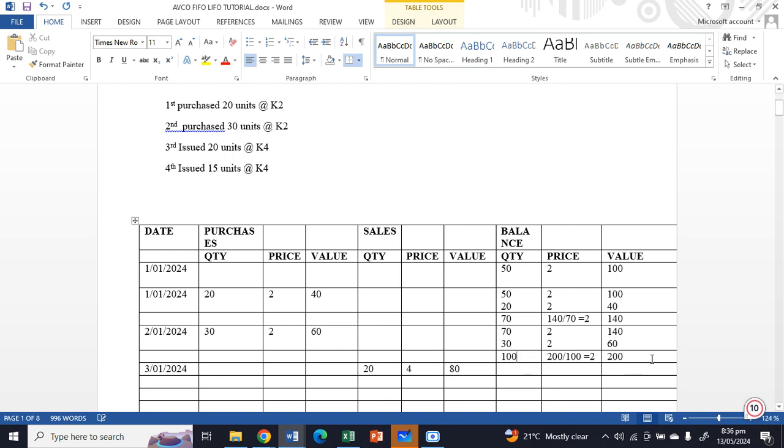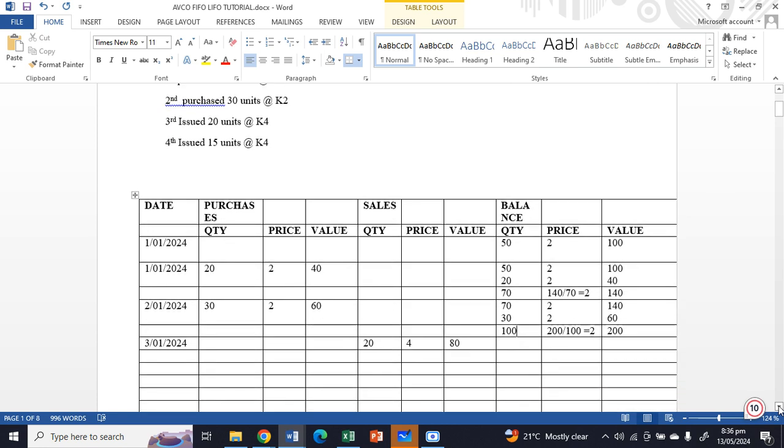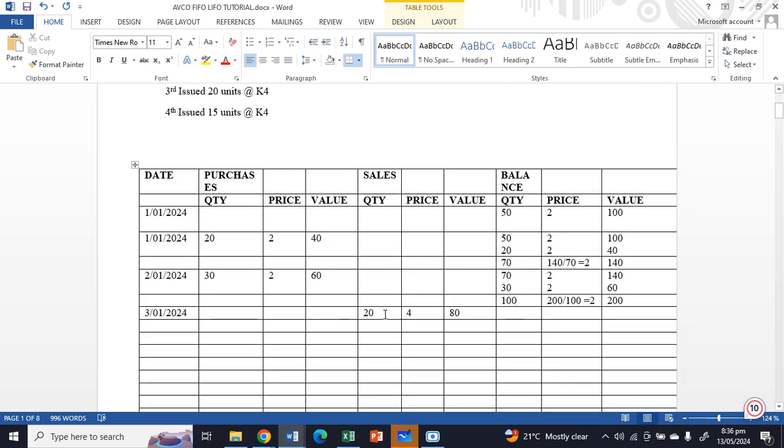So here, all we need to do is deduct these 20 units from the 100 units that we had earlier on. So 100 minus 20 remain with 80 units, each valued at 2 kwacha per unit, with a total value of 160 kwacha.